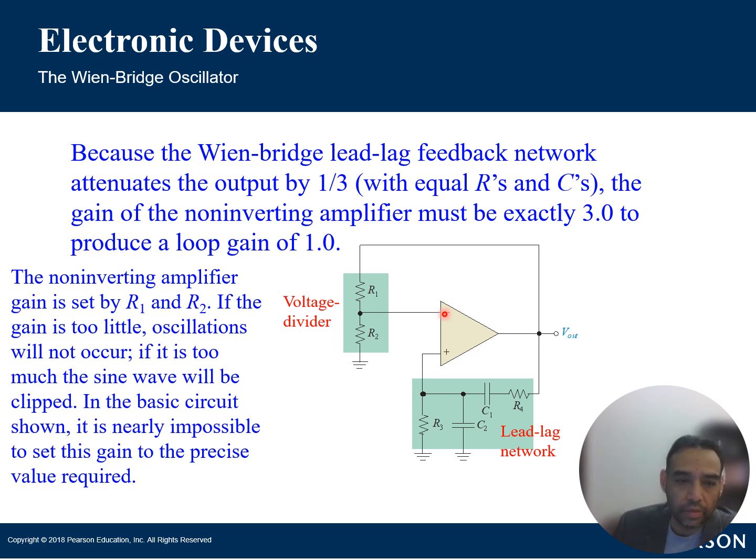Nearly impossible, not impossible, but difficult. And like I said before, theoretically you can definitely calculate this to come out perfect. In a simulation, you'll be able to run it, but if you try to get this on a practical circuit, on a breadboard, it's going to require some finesse.